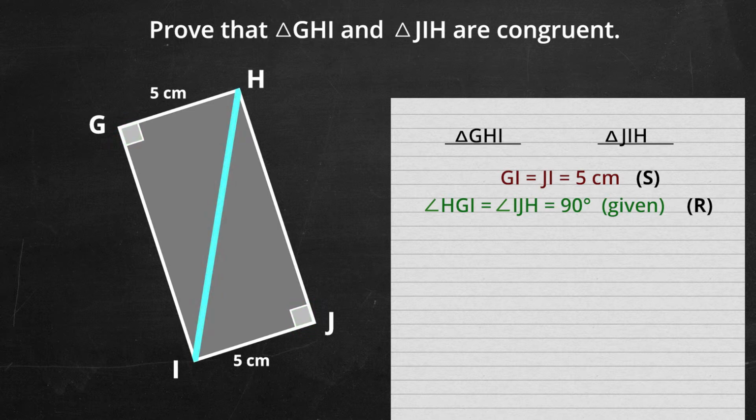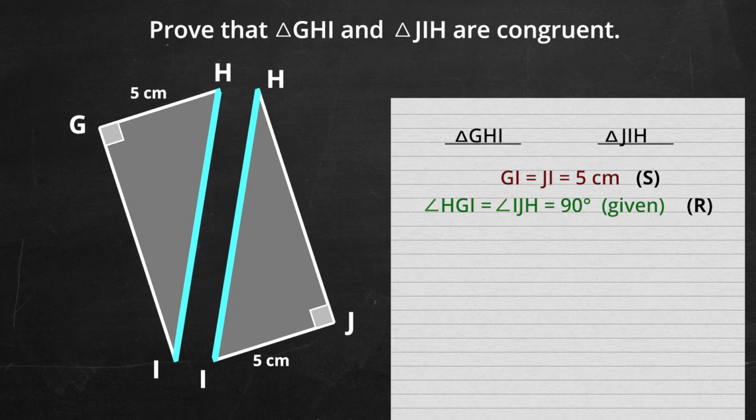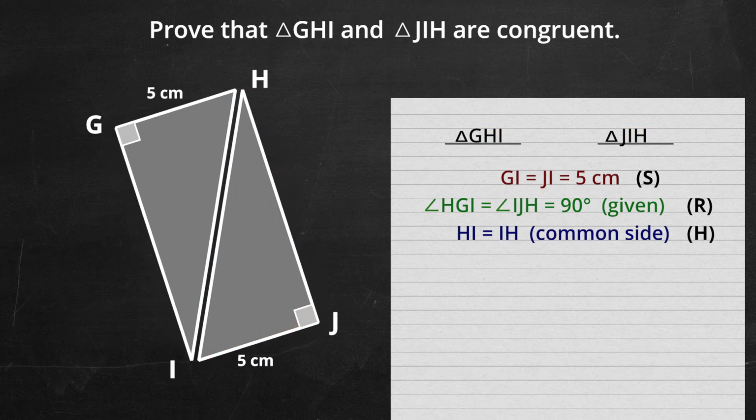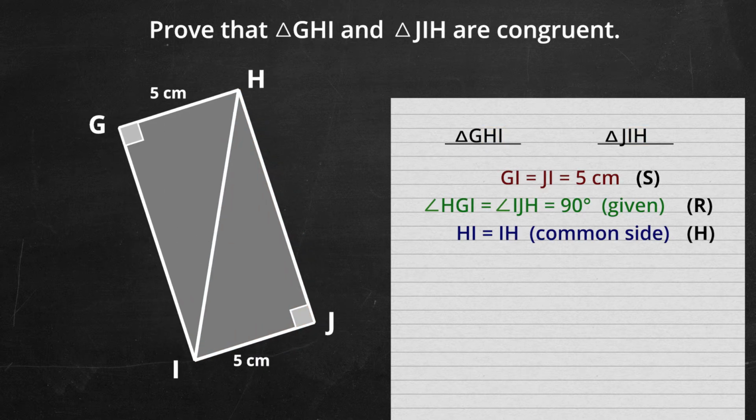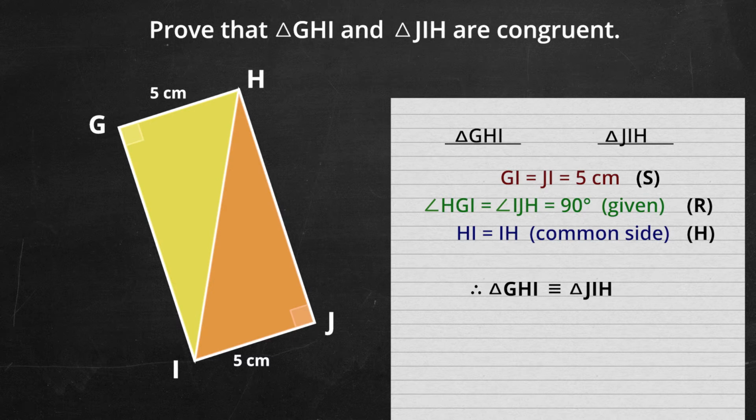Notice that this side here, which is actually the hypotenuse, is common to both triangles. This means that the length of HI in triangle GHI is equal to the length of IH in triangle JIH. Another pair of corresponding sides is equal. Therefore, we say that triangle GHI is congruent to triangle JIH by the right hypotenuse side congruence test.